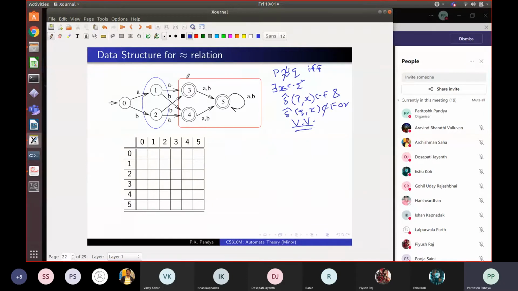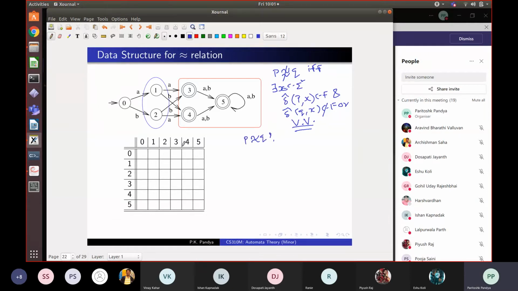Now, in order to minimize the automaton, we have to know which state is equivalent to which, and we will have a data structure for recording all possible equivalences between states. We'll write this down as a table of what is equivalent to what. I'm trying to find out whether P is equivalent to Q or not.